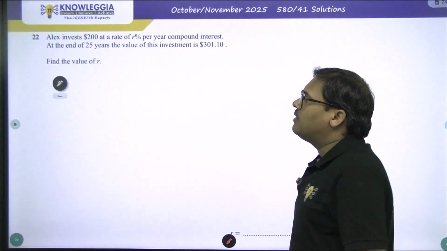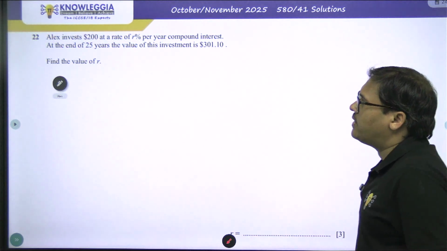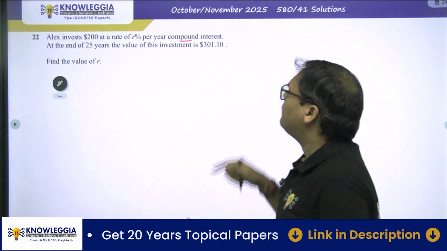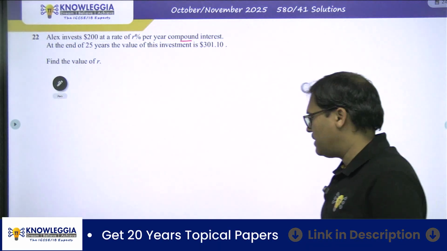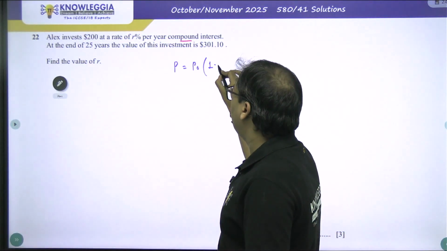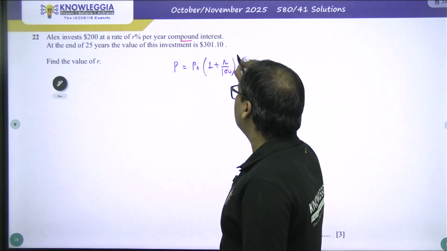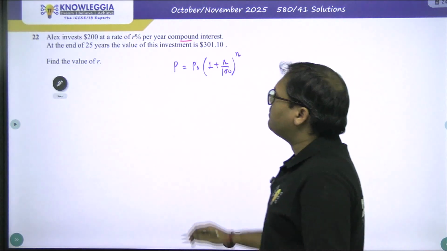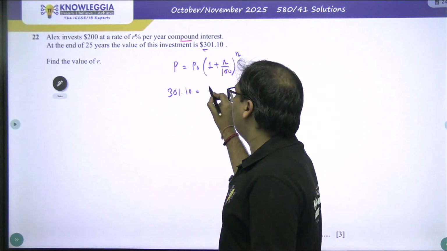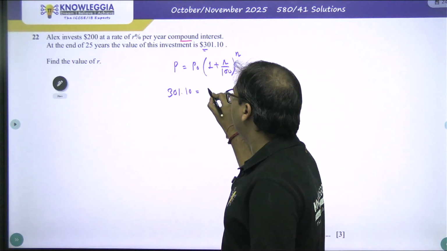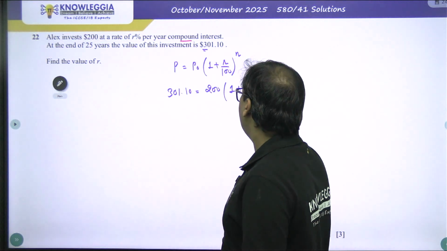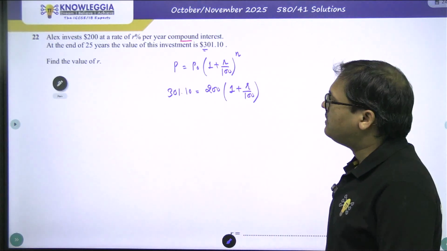Next question. Alex invests $200 at a rate of R% per year compound interest. At the end of 25 years, the value of the investment is this. Find the value of R. So you can see the final value is initial value times 1 plus R by 100 raised to the time. So the final value of the investment, 301.10, equals P naught, the initial investment 200, times 1 plus R by 100, raised to 25 years.